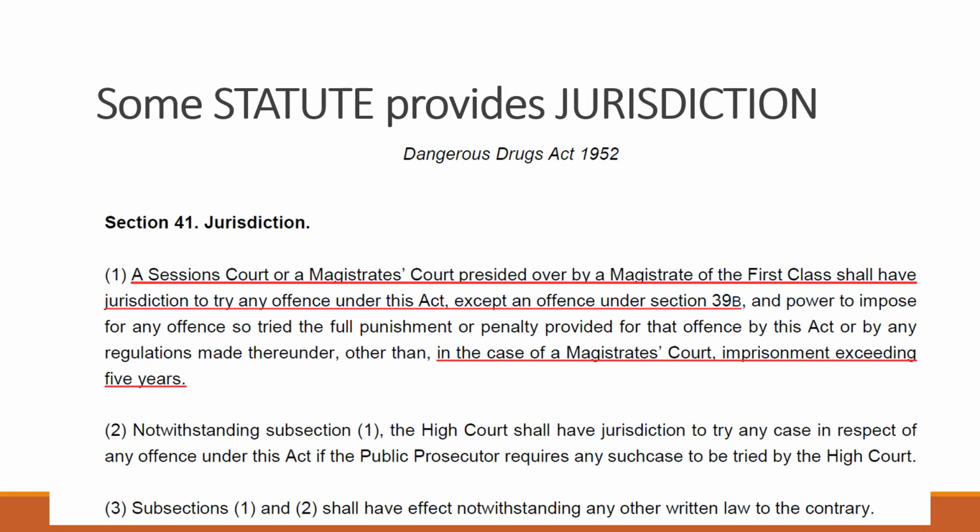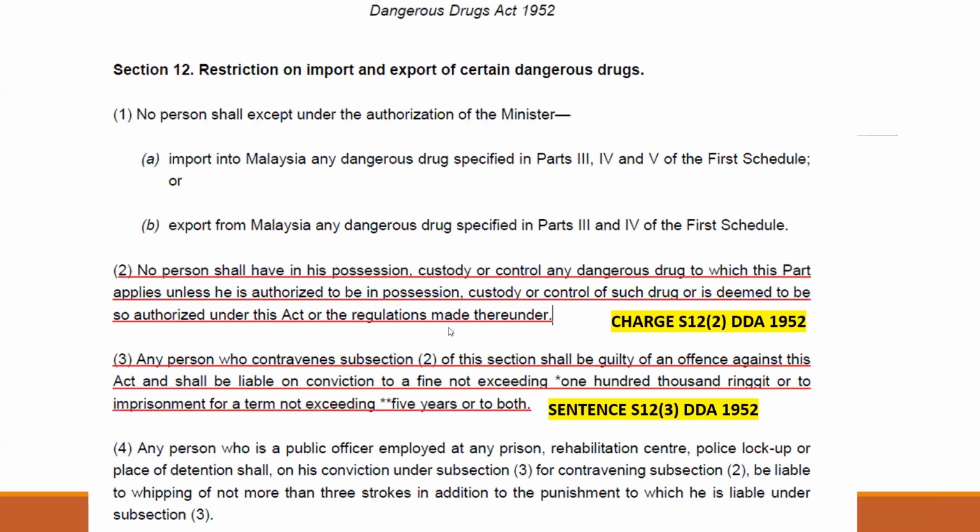If this is a drug case relating to DDA, for example drug trafficking, the session court and magistrate court can actually impose, memberi hukuman, imprisonment of more than 5 years. Can you follow me so far? All right.